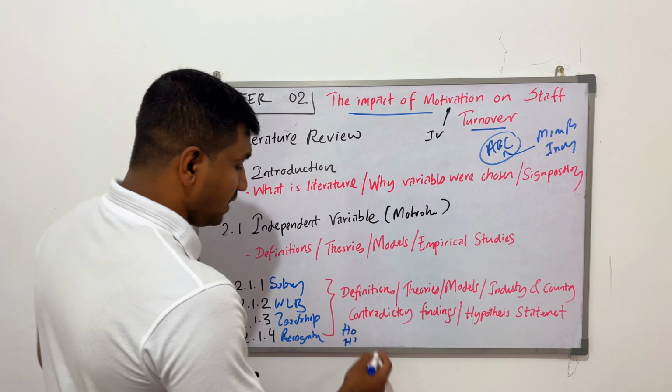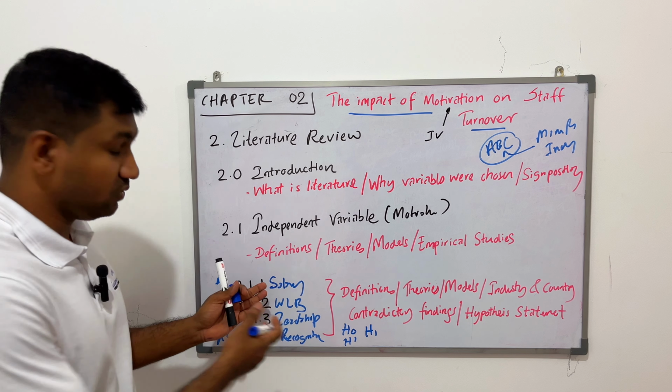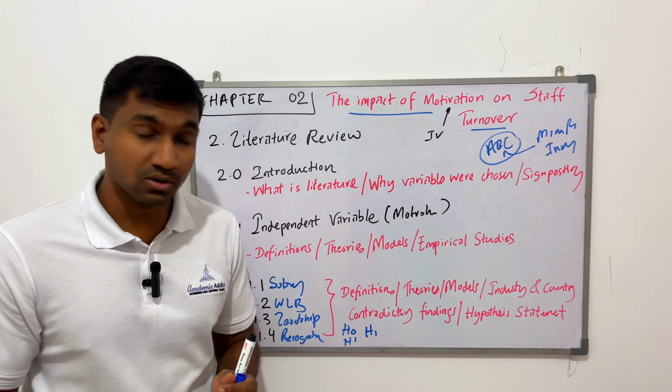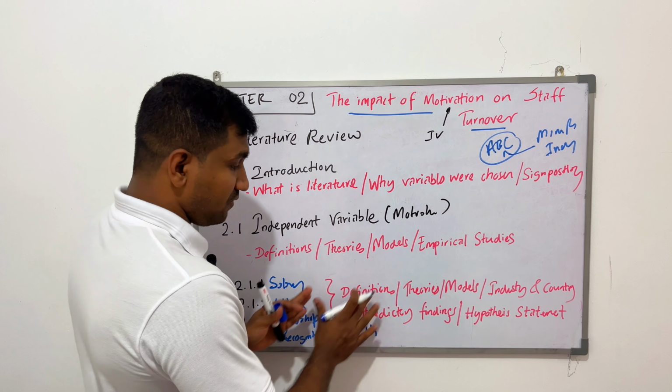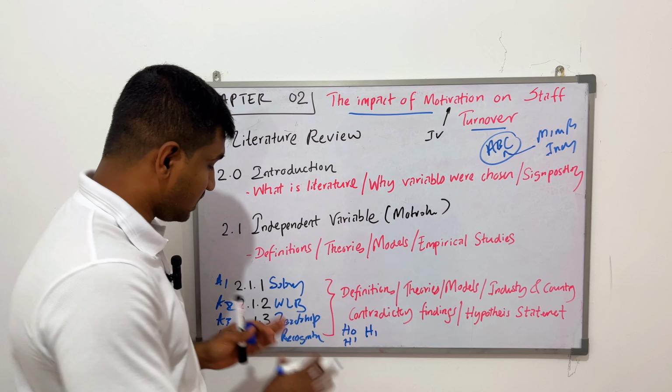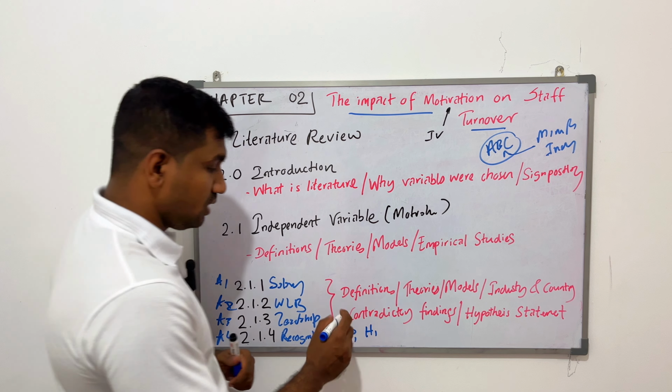So you have to have statements saying H1. Let's say now you found out that salary has a significant impact on this turnover. So you can say H1 after that paragraph or context under salary, this is under 2.1.1.